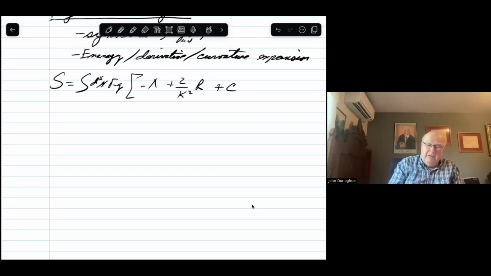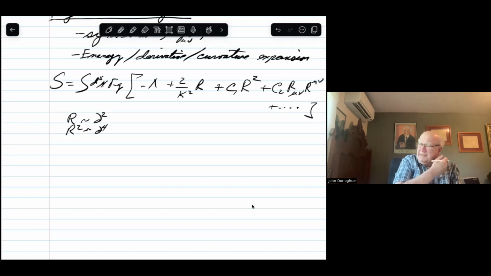There could be terms R squared, C2 R mu nu, and you could have higher curvatures. Since R goes like derivative squared, R squareds are like derivatives to the fourth. Derivatives, when you make matrix elements, are like energies, and so this is the energy, derivative or curvature expansion.